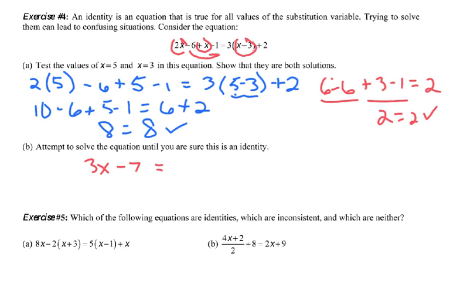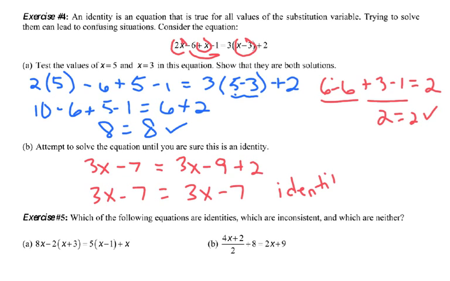On the right-hand side, we're going to distribute the 3, so it becomes 3x minus 9 plus 2, and then if we just combine the last two terms, we see that we get a minus 7. In this case, once you get the same thing on both sides of the equal sign, this is how you can identify that you have an identity for your equation.